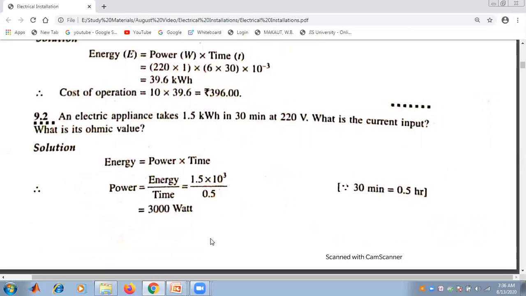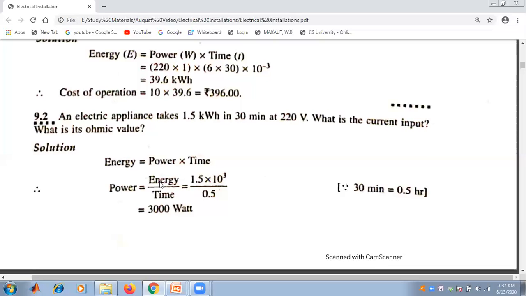First, we all know that energy is equal to power into time. 30 minutes is equivalent to 0.5 or half hour, because 60 minutes is equal to 1 hour.